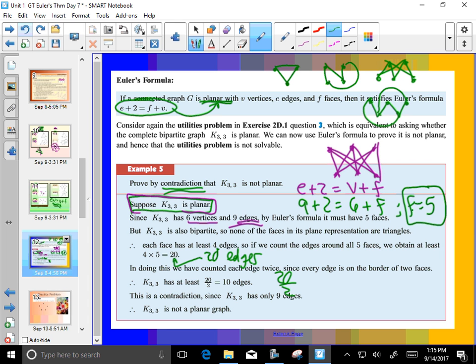It's going to add up. You divide by 2, and you'll get the edges. What's the problem with this, 20 over 2? This is not equal to 9. So therefore, K33 is not planar.